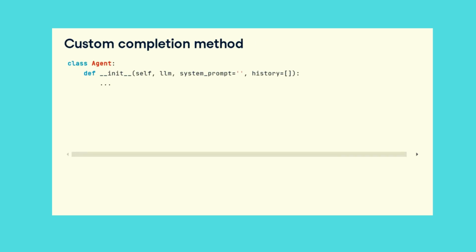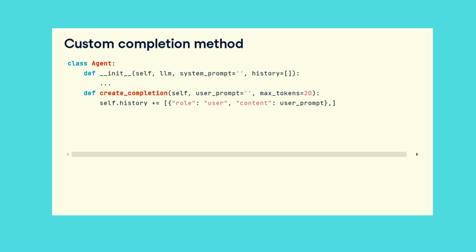To enable the agent class to run a completion using the provided LLM, we'll create a method, createCompletion. This method will take a user prompt and can take a max tokens field. It appends the prompt to the model history and uses create-chat-completion with the updated history to get the LLM's response.